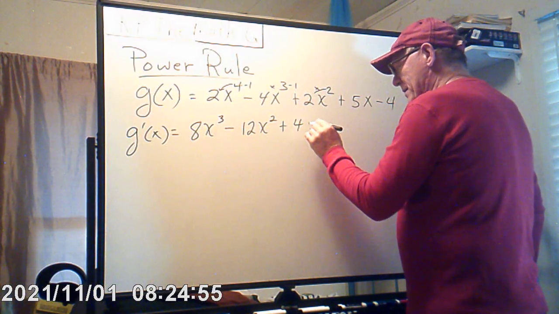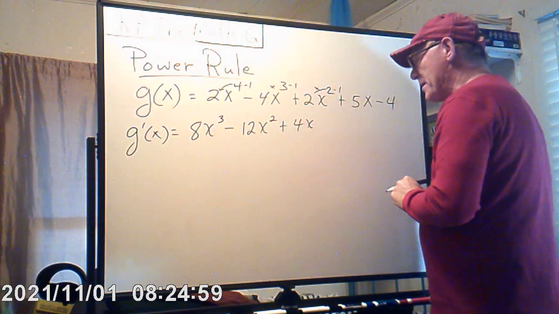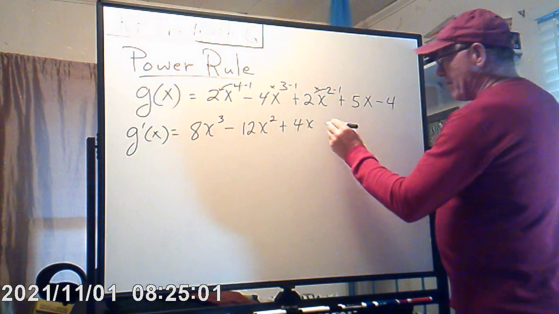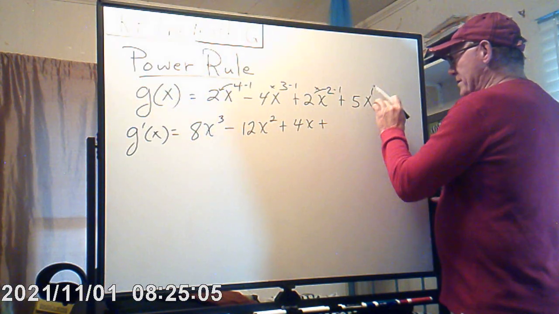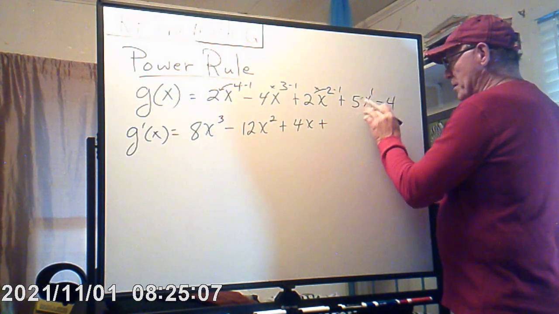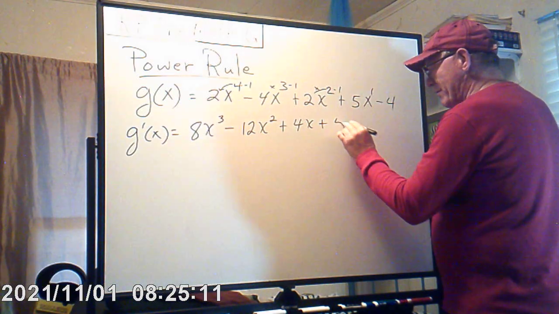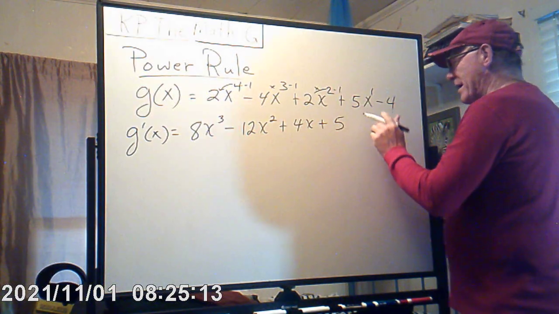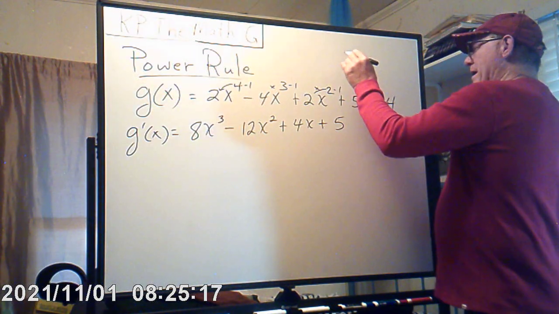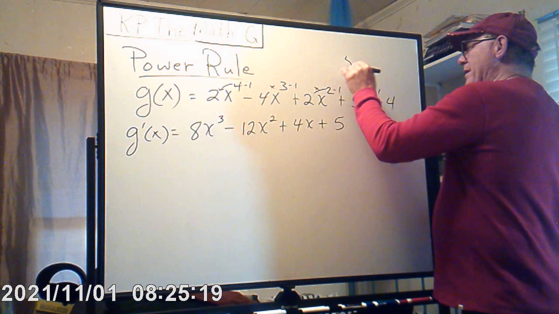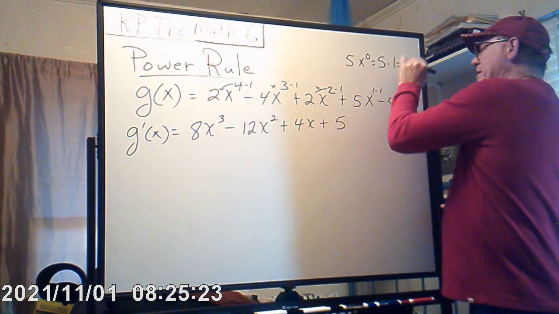So 4x. Reduce that exponent by 1, we get 1. I hope you see that when you have an exponent of 1, it's just that constant. We can just say 1 times 5 is 5. Remember, if you reduce that exponent by 1, that is 5x to the 0 power, which is just 5 times 1, which is just 5.